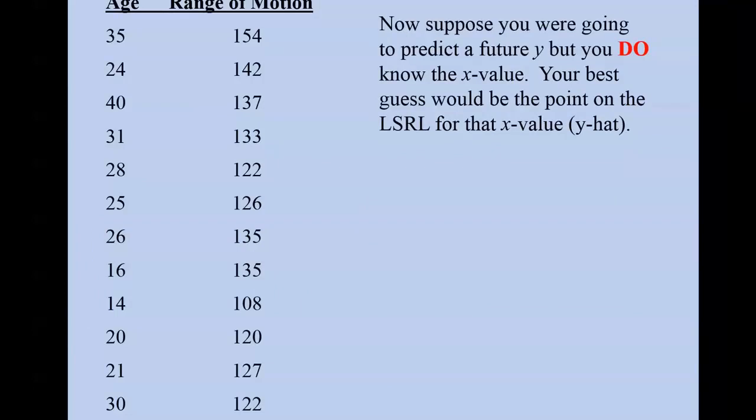Okay, so let's switch then to the regression line, the one that we already figured out. Because if I do know x, it makes sense that I would take the x value and evaluate it in the regression equation, and then predict what it would be, which then changes my equation to this.